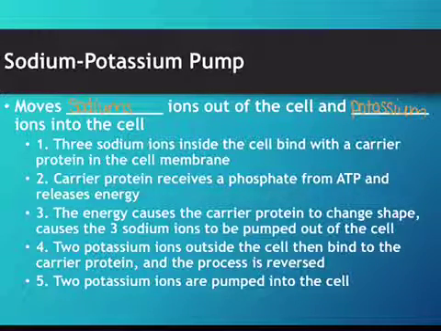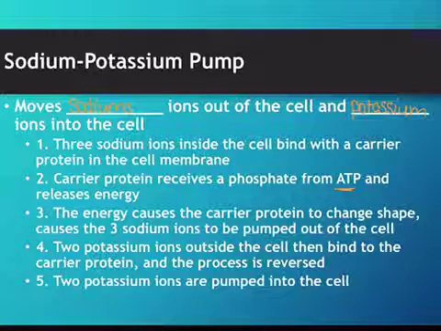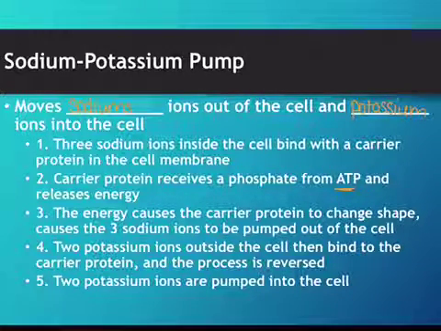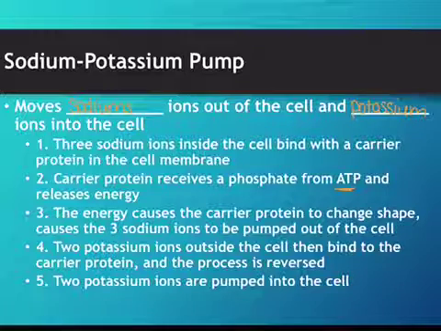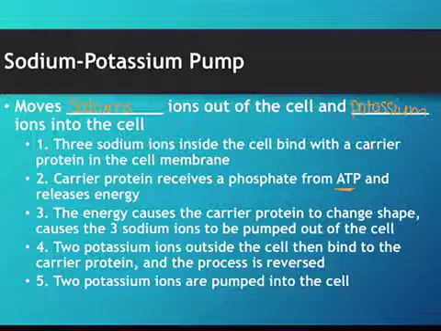That carrier protein is going to get some energy from an ATP. That energy is going to cause the carrier protein to change shape and causes these 3 sodium ions to be pumped out of the cell. Then on the outside of the cell are going to be 2 potassium ions just hanging out ready to come in the cell. So when those 3 sodium ions are pumped out, 2 potassium ions are going to come in and take the place of those 3 sodium ions.